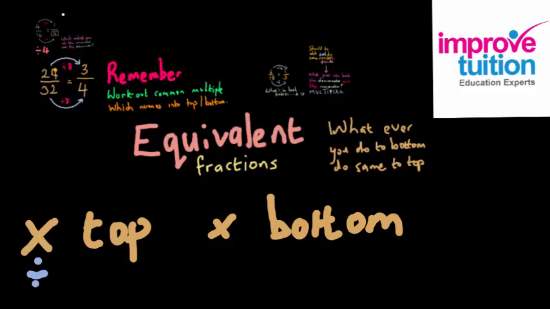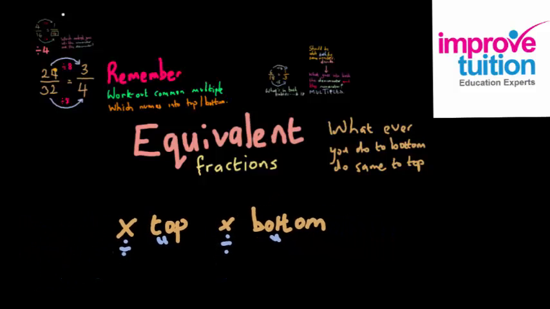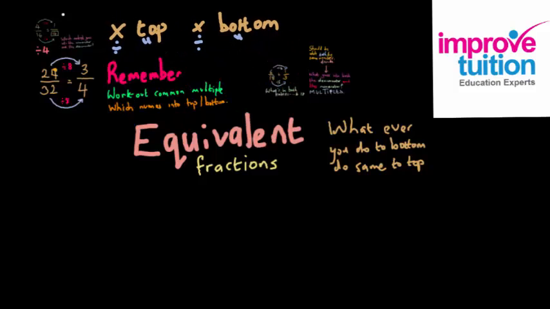If you multiply the top, you need to multiply the bottom by the same number. And if you divide the top, you need to divide the bottom by the same number. Same number is the key word. So that's the key point of equivalent fractions.